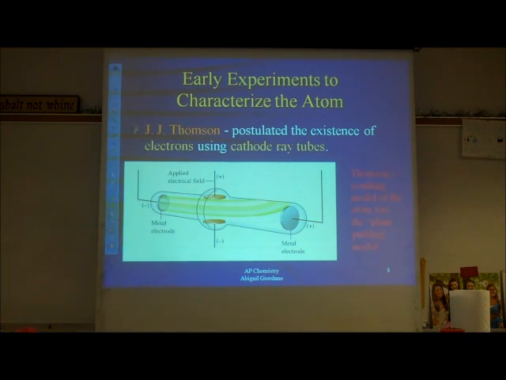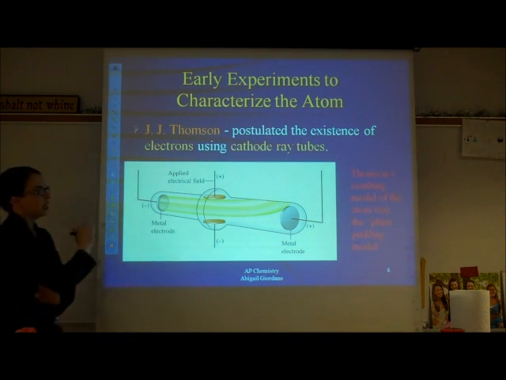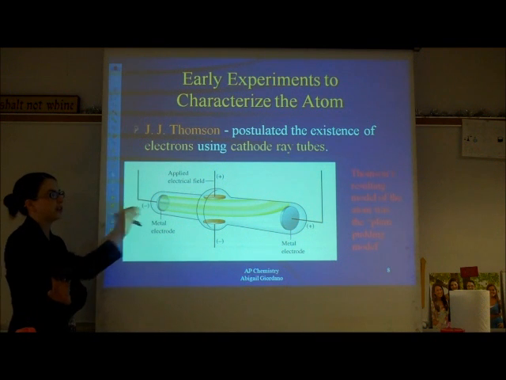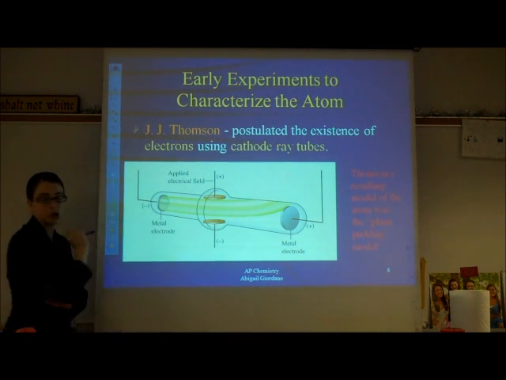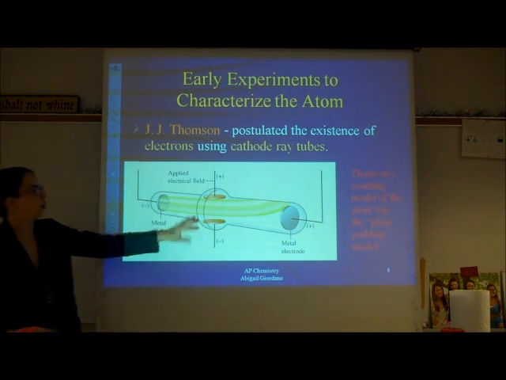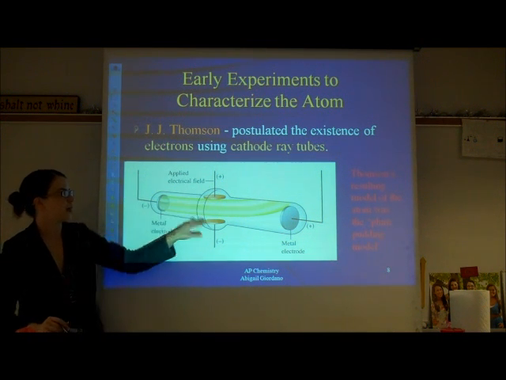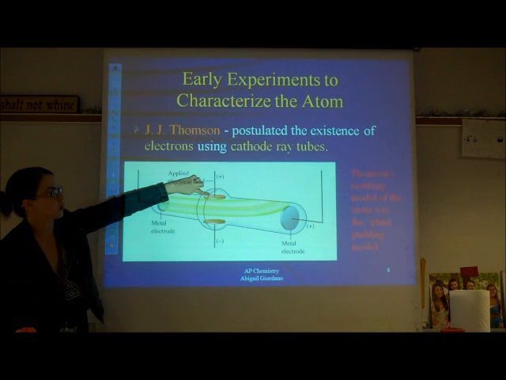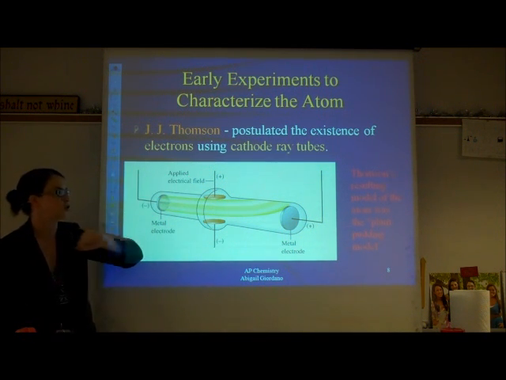electron. He passed a beam of light, a beam of electricity through this glass tube, and he put on top and bottom charged magnets. The positively charged one was on top, the negatively charged one was on the bottom.